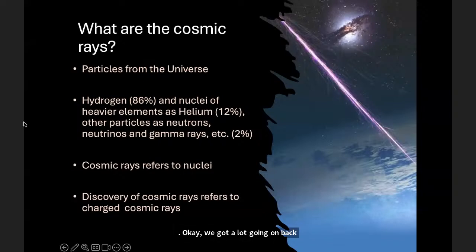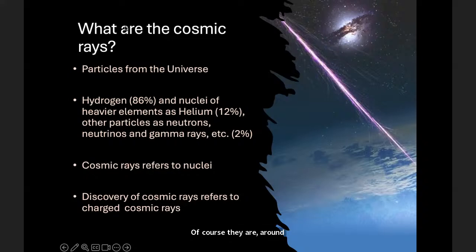So let me start by defining what a cosmic ray is. That's an easy question, but not at all. We call cosmic rays any type of particle that comes from the universe and reaches here on Earth. Of course, they are traveling around the universe, around our galaxy, and some of them reach us.